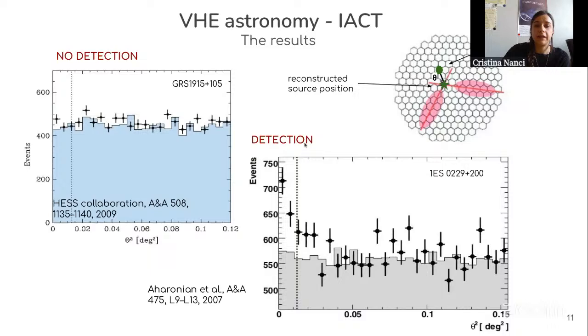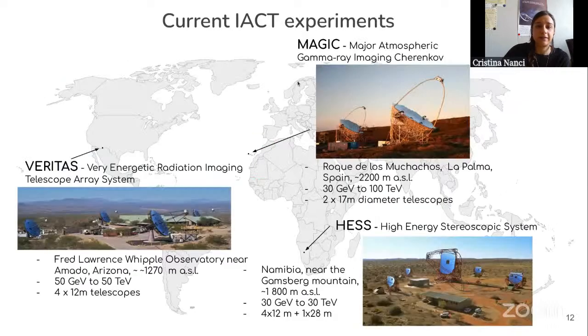So the most important EACT experiments operating right now on Earth are the VERITAS telescopes in Arizona, USA, the two MAGIC telescopes in La Palma, Canary Islands, and 5 telescopes in the H.E.S.S. system in Africa.